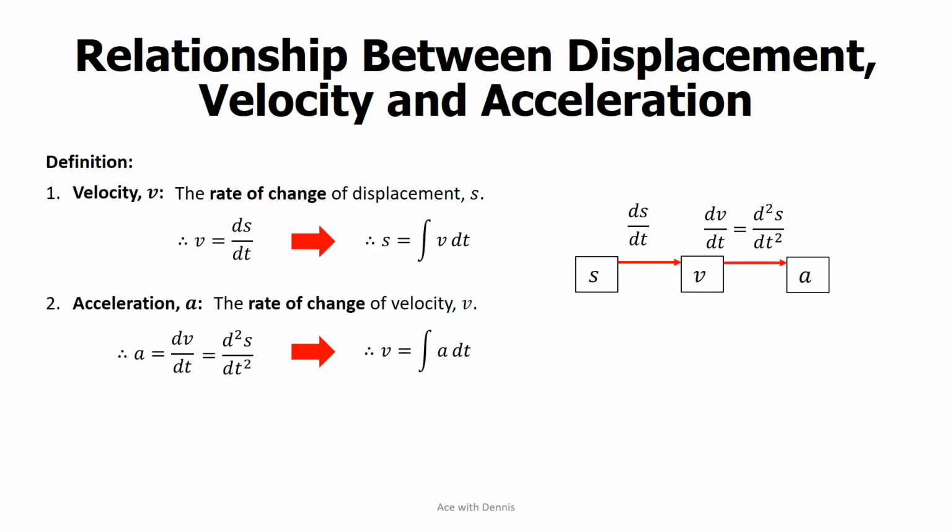If we do it backwards, which means if we have the equation of the acceleration, we can integrate the acceleration and we get the equation of velocity. Similarly, if we integrate the equation of velocity, we will get the equation of the displacement s.